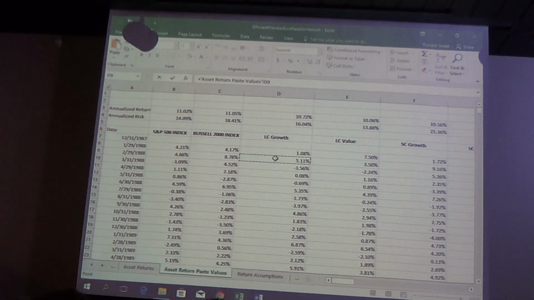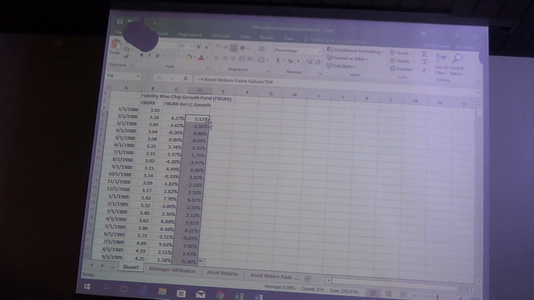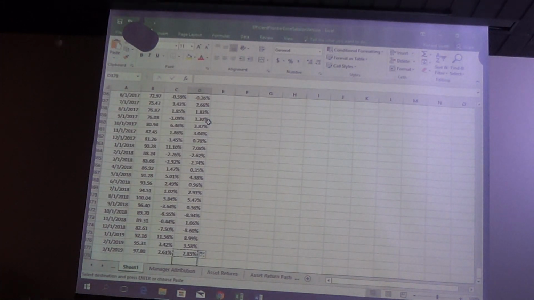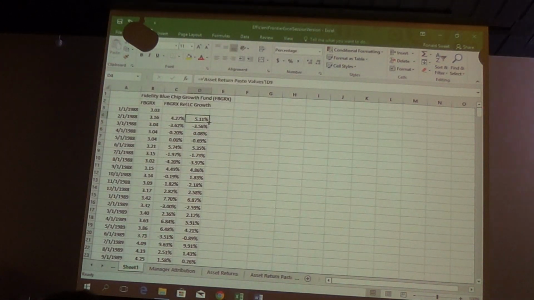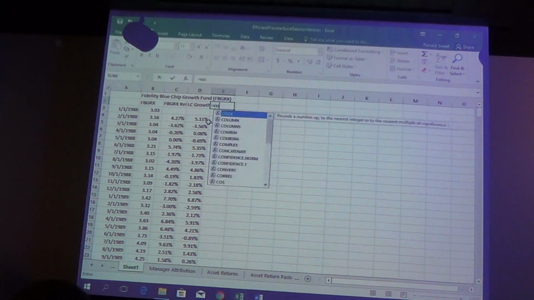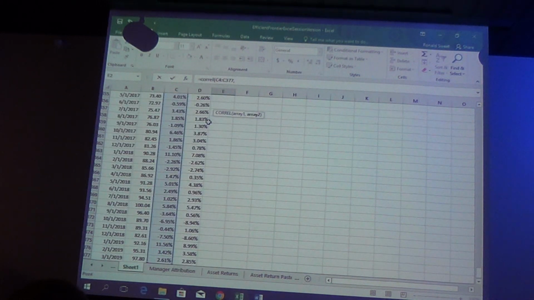I get that first month and hit enter. And then you just copy that down. And that gives you all your returns. And all my returns are lined up nice and pretty. Something you might want to do right off the bat is do the correlation of the two of them. And that will tell you real quickly if something's messed up.